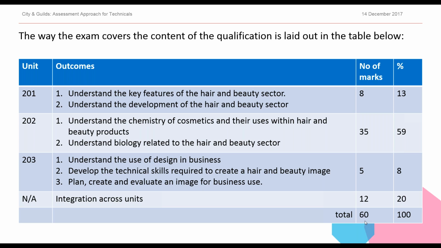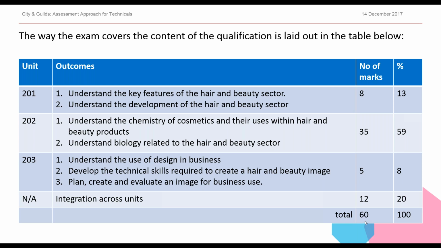There's going to be 8 marks allocated to this outcome, and it's going to be 13% of the overall test. Predominantly, the knowledge test is going to be on Unit 202, which is understand the chemistry of cosmetics and their uses within the hair and beauty products, and understand the biology related to the hair and beauty sector. So there's going to be 35 marks allocated to this, which is 59% of the exam.